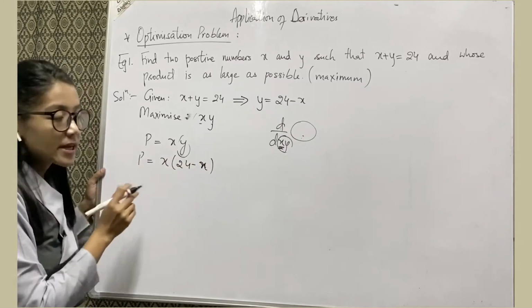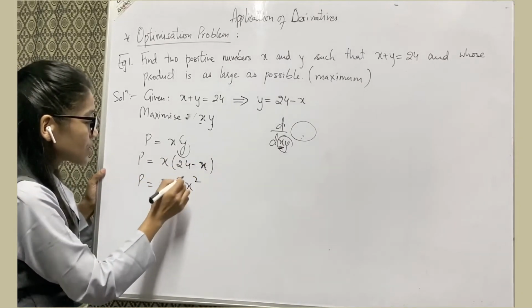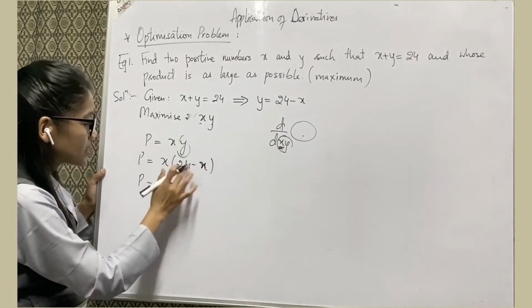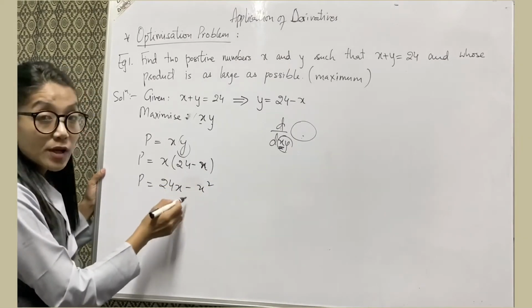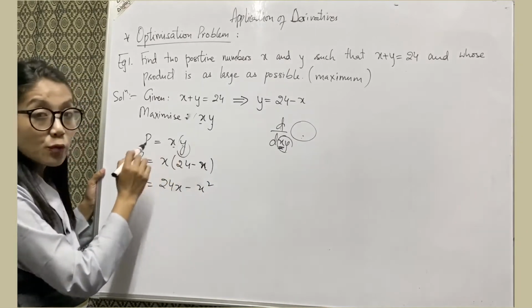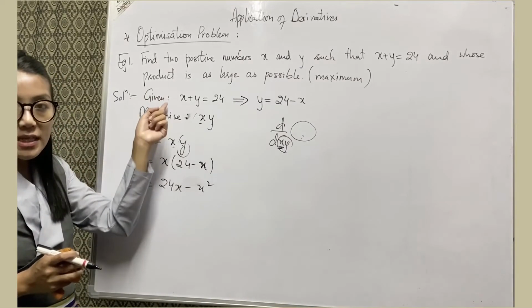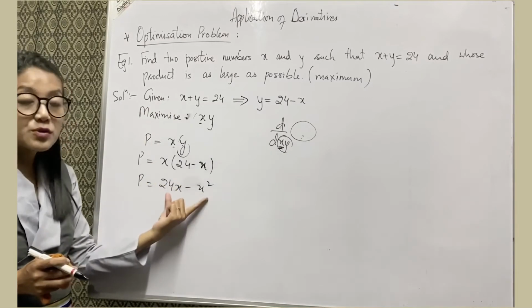Now my P is 24x minus x square. Now my P is in terms of one variable. Earlier it was in terms of two variables. So using the given quantity, I am able to express my product in terms of one variable.